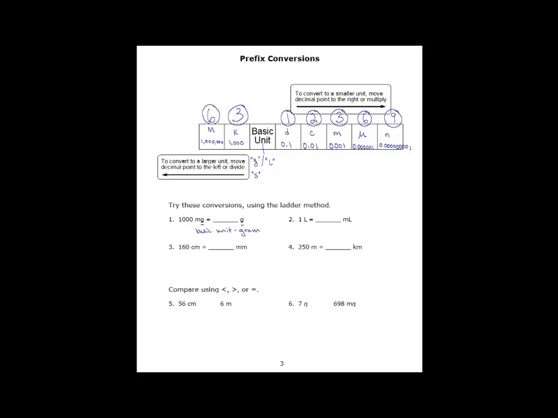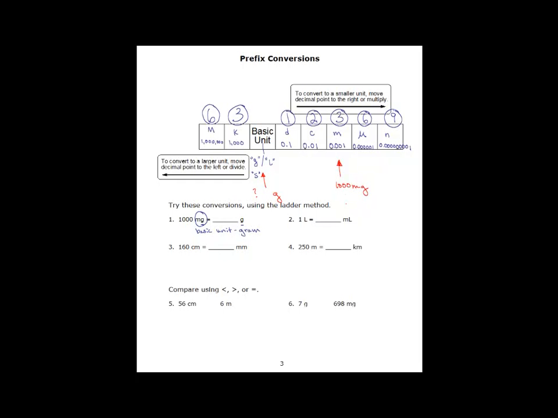So, on the ladder, we're starting off at milli, so right here. We need to get to our basic unit, so we need to get here. So, we have 1,000 milligrams here, and we need to find out how many grams here.